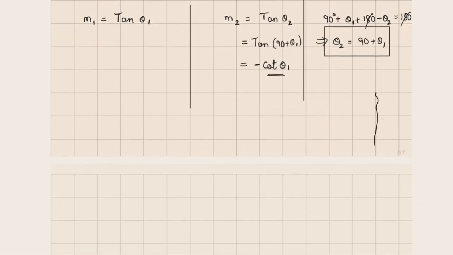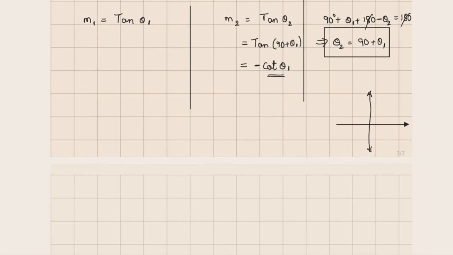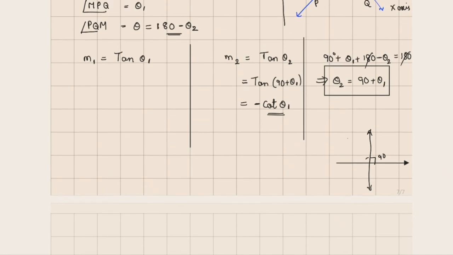From trigonometry we know this simple trick, all silver teacups. 90 plus theta lies in the second quadrant, where tan is negative. So we get a negative sign.